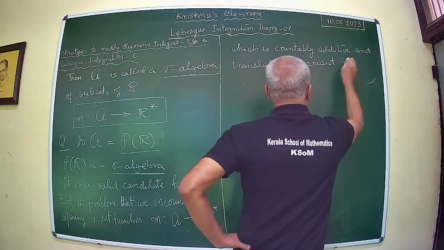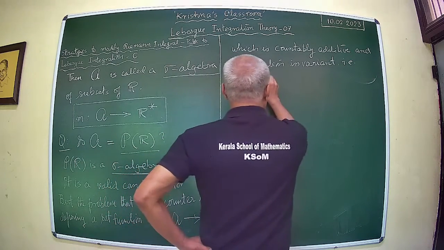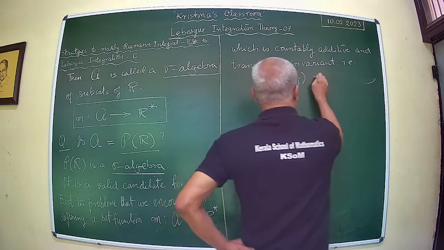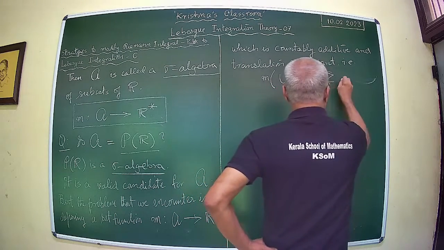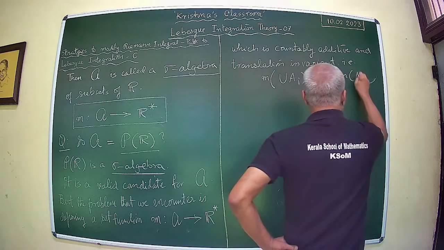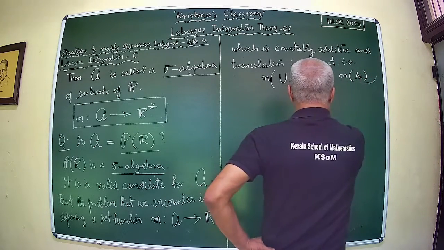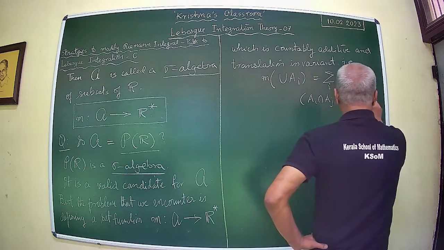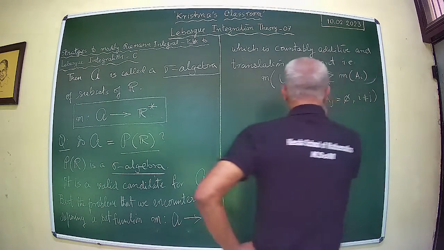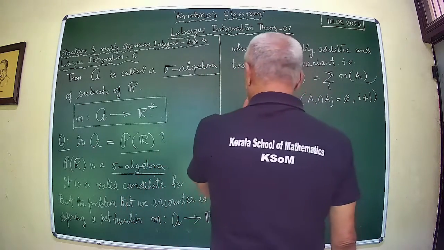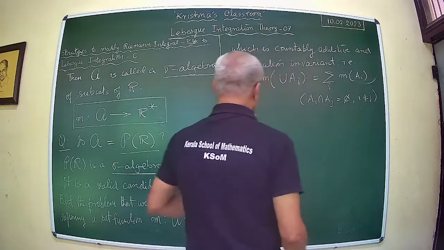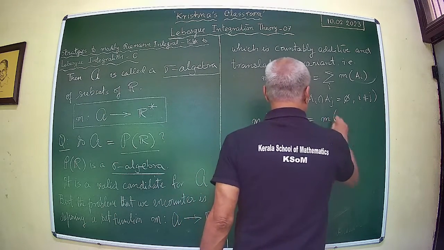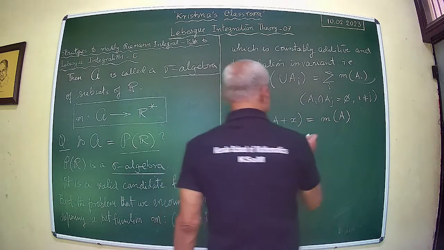That is, we want these two properties to be true: the additivity for disjoint sets A_i, A_j, and we also want this property to be true, namely that M of A plus x equals M of A. This is the translation invariance.